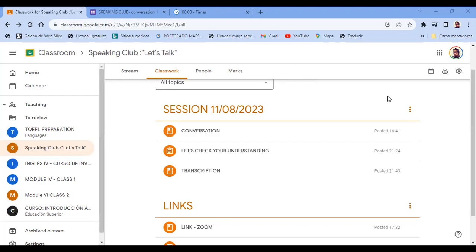Also the technique here is that when you are speaking, please feel free to move and make gestures, because remember that the English language doesn't have a lot of words in comparison with Spanish. English speakers tend to use non-verbal communication more than in Spanish.